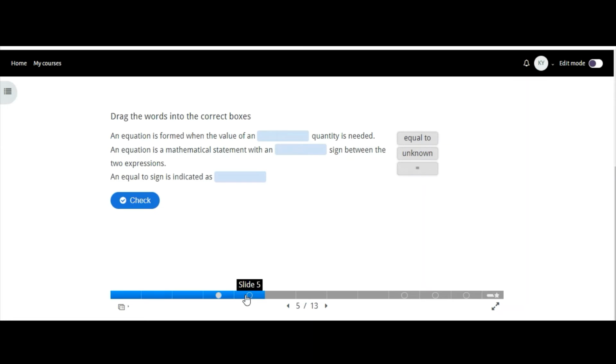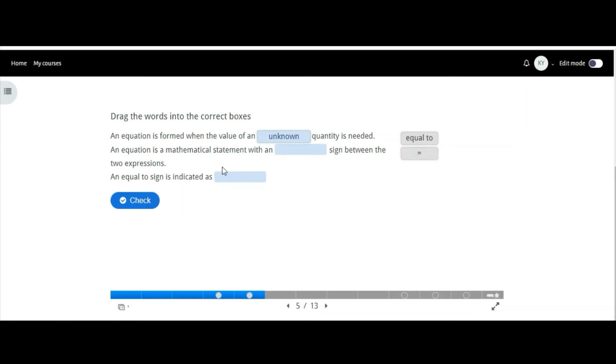Now let's look at the next activity. An equation is formed when the value of an unknown quantity, which can be referred to as an unknown variable, is needed. An equation is a mathematical statement with an equals sign between the two expressions.